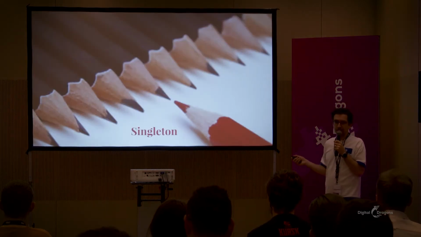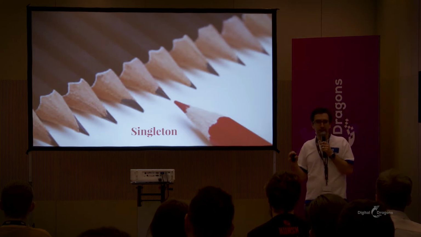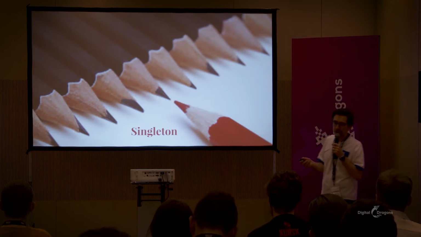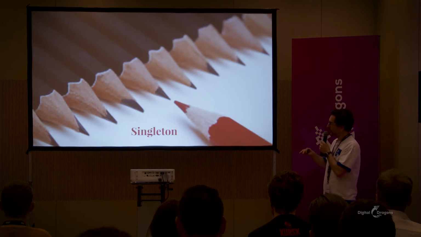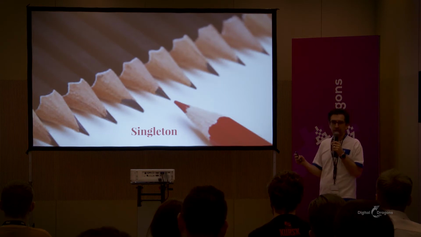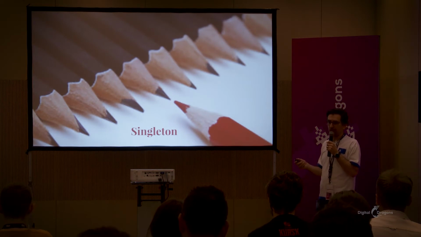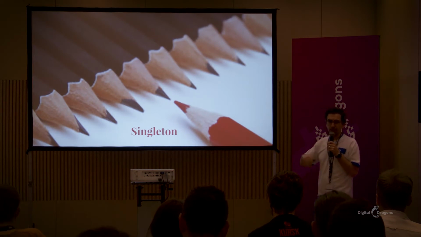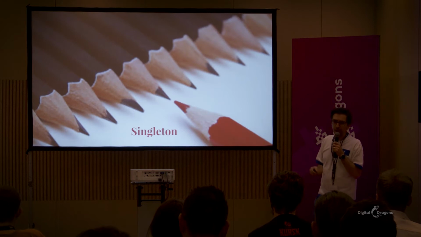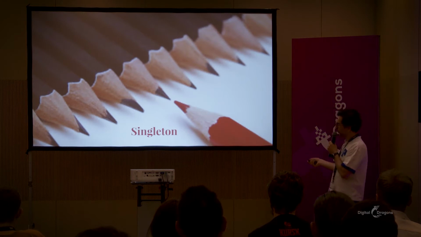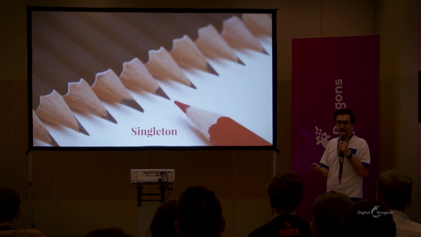Another pattern is singleton. This pattern is sometimes considered an anti-pattern because it has the opposite effect, coupling our system more than it should. But if we use the singleton in a wise manner, it's very helpful.